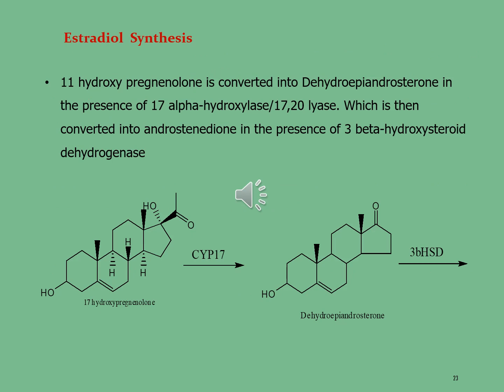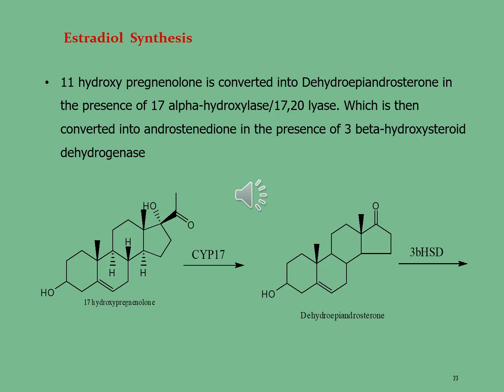In the first step, 17-hydroxypregnenolone is converted into dihydroepiandrosterone in the presence of 17-alpha hydroxylase 17,20 lyase enzyme, which is then converted into androstenedione in the presence of 3-beta hydroxysteroid dehydrogenase.